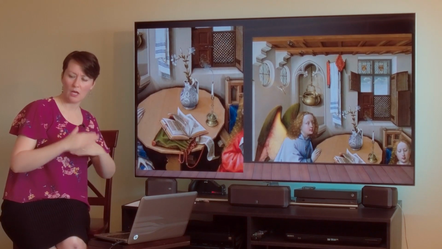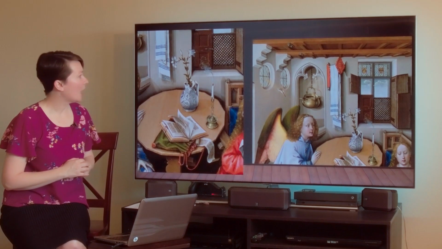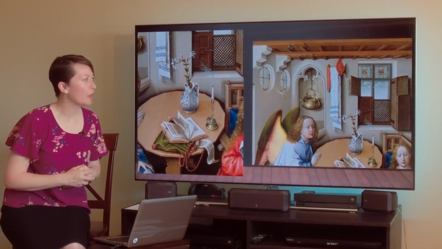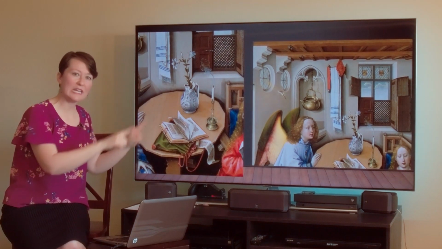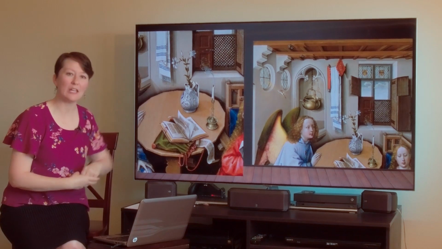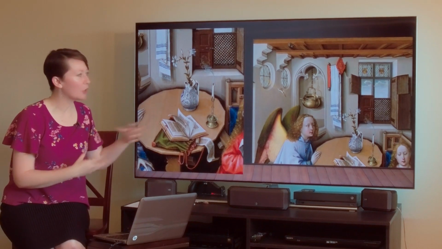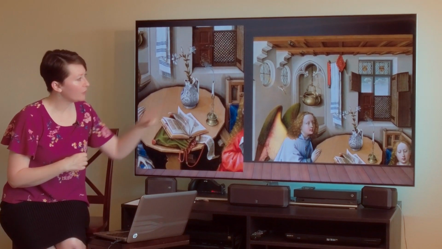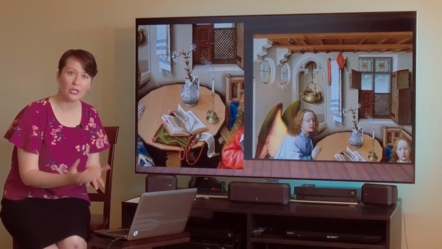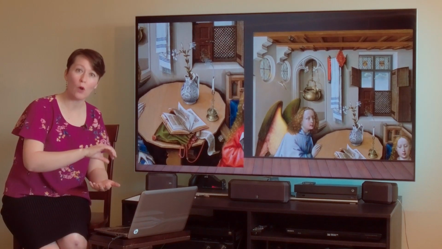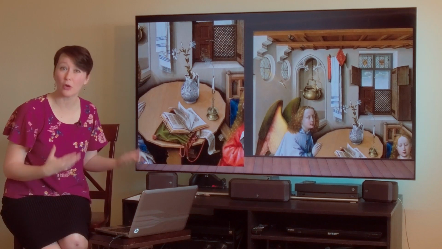That's cool layers there. If you look at the image on the right, you notice there is a little niche with a shiny kettle hanging in it. That would be a kettle for water. And if you see there, it looks like it might be an area where you would wash your hands or pour the water from that kettle into a pitcher or a cup.